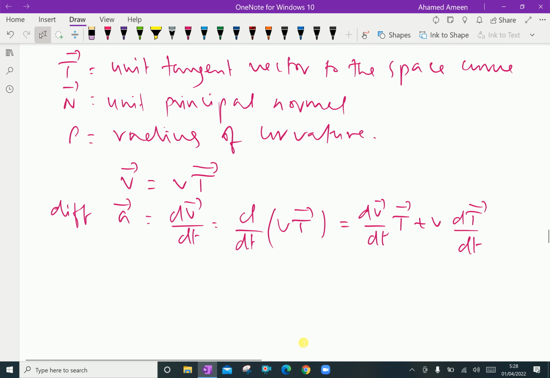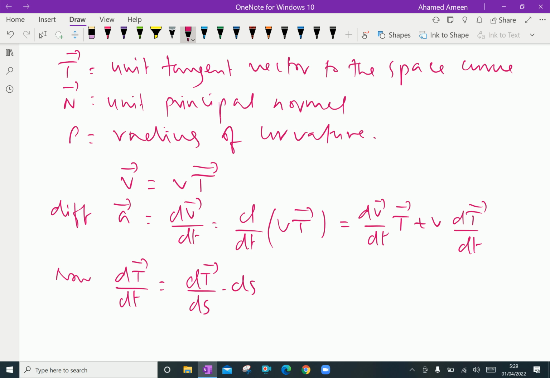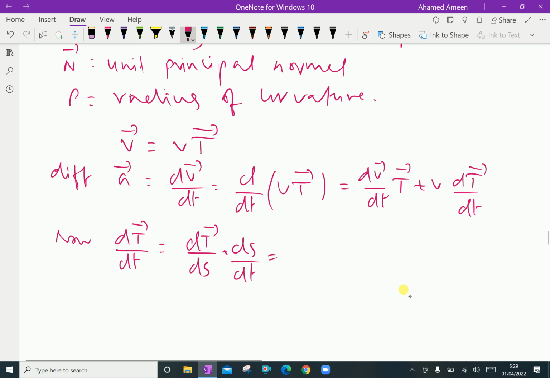Now we know that dt vector over dt is dt vector over ds into ds by dt. That means here ds and ds cancel, which will give dt vector over dt. We can write this expression as k n vector ds by dt.